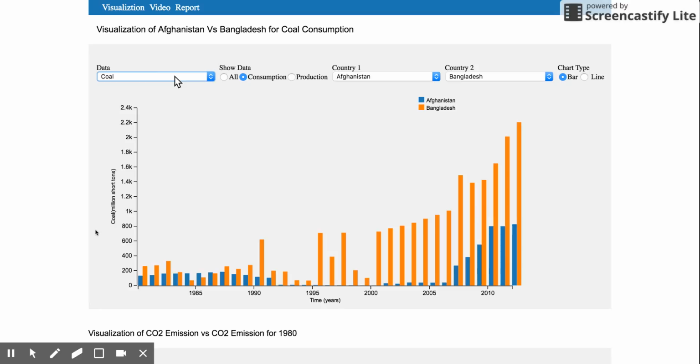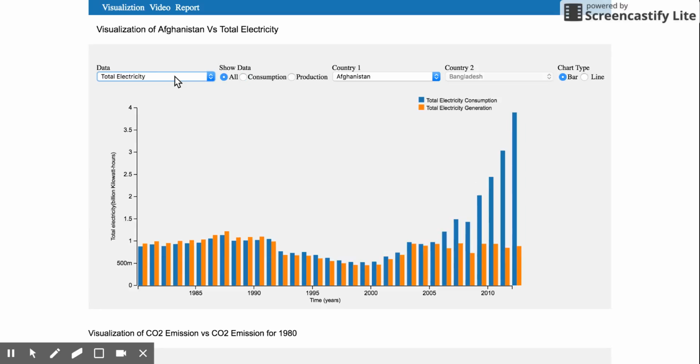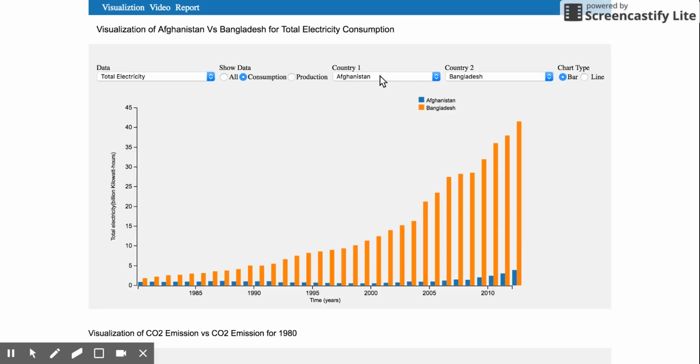The same can be applied for electricity. This is total electricity, and now here we are seeing electricity generation and consumption. Also, we can compare Afghanistan consumption with Bangladesh consumption. Now you see, Afghanistan is consuming very little electricity, and Bangladesh is consuming a lot of energy.